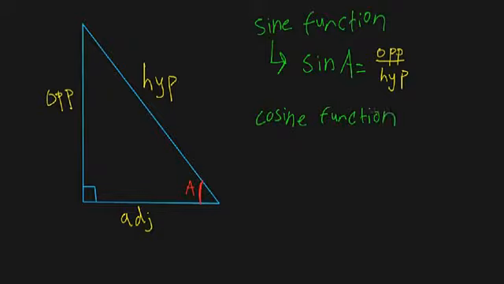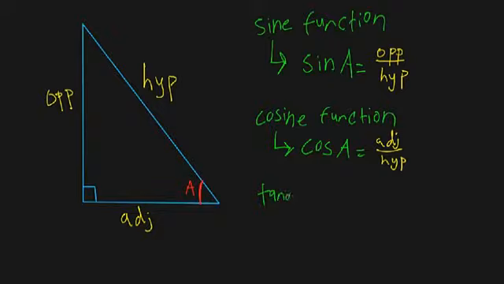Similarly, let's suppose that we have a function called cosine. We abbreviate this COS, but we still pronounce it cosine of A. Cosine of our angle is instead going to be the ratio between the adjacent side and the hypotenuse. Still just an idea. Sine is opposite over hypotenuse, cosine is adjacent over hypotenuse.